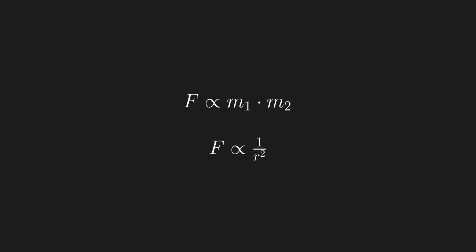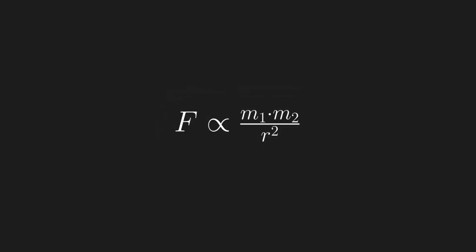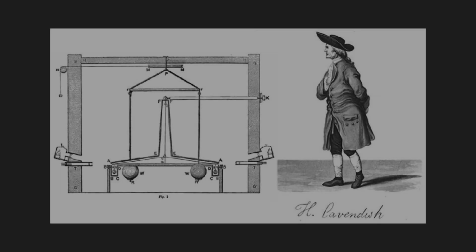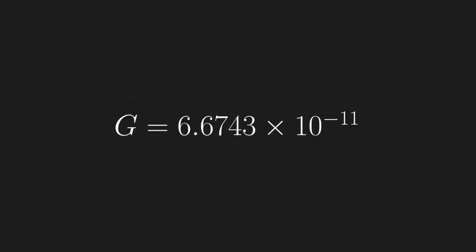Now, we have to combine them into one proportionality. Notice that force is proportional to both of them, so we can multiply the right-hand side to get this. This proportionality is almost like the universal law of gravity. This was the old form before Cavendish came along and computed big G, the gravitational constant.